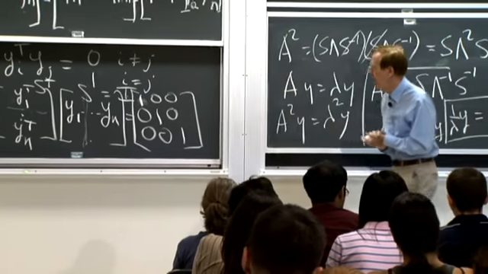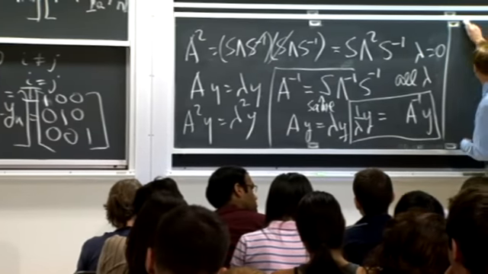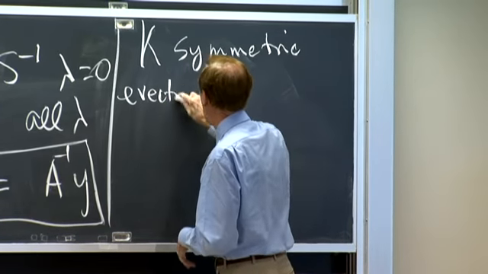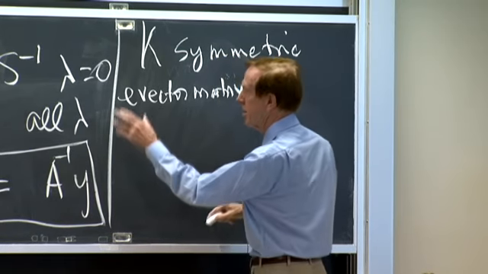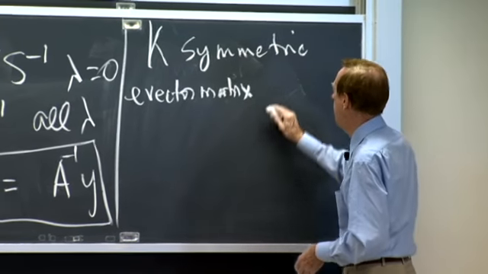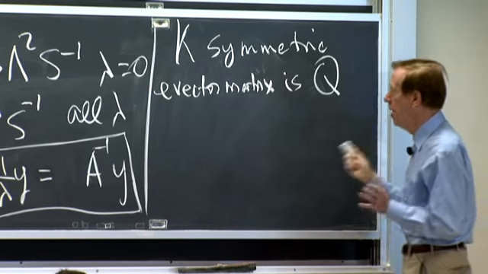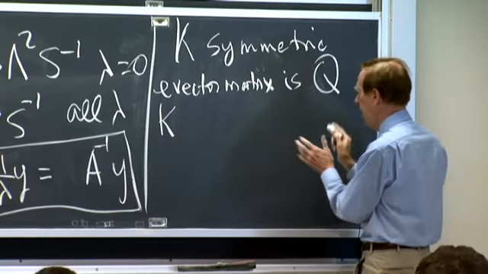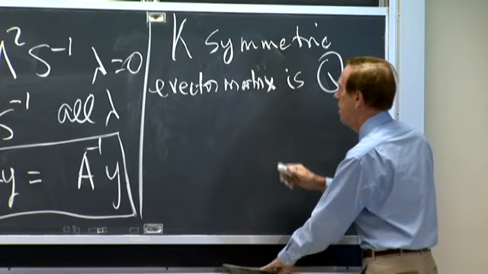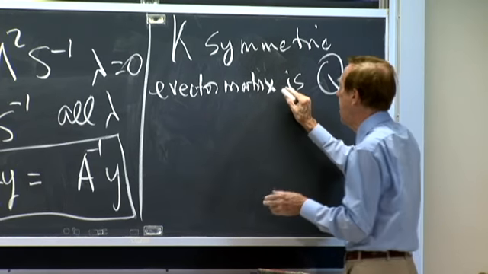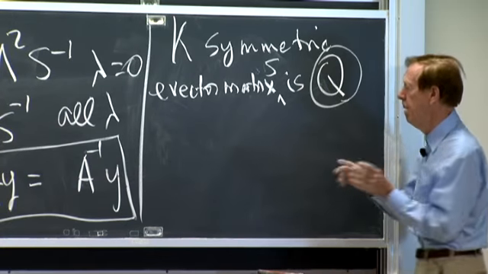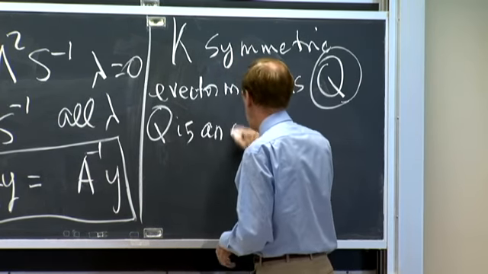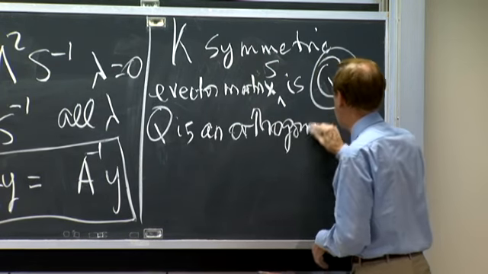So for when K is a symmetric matrix, I'll just repeat that, then its eigenvector matrix has this S transpose times S. I'm going to call it Q. I'm going to call the eigenvector matrix Q. It's the S, but it's worth giving it this special notation to remind us that Q is an orthogonal matrix.